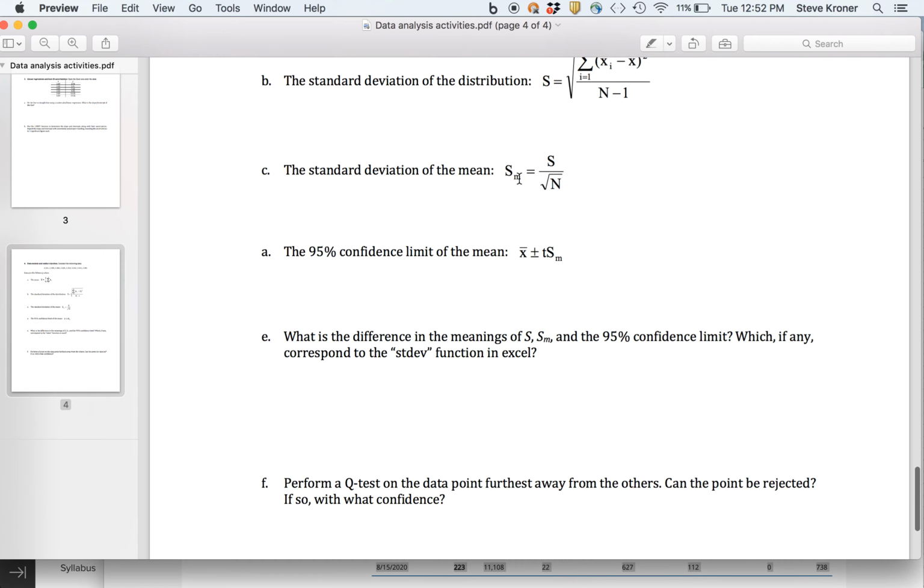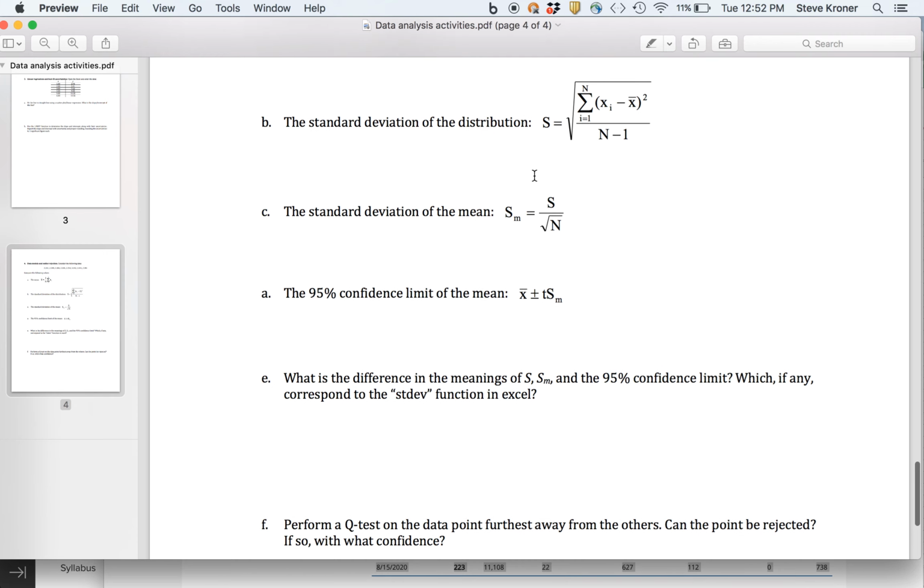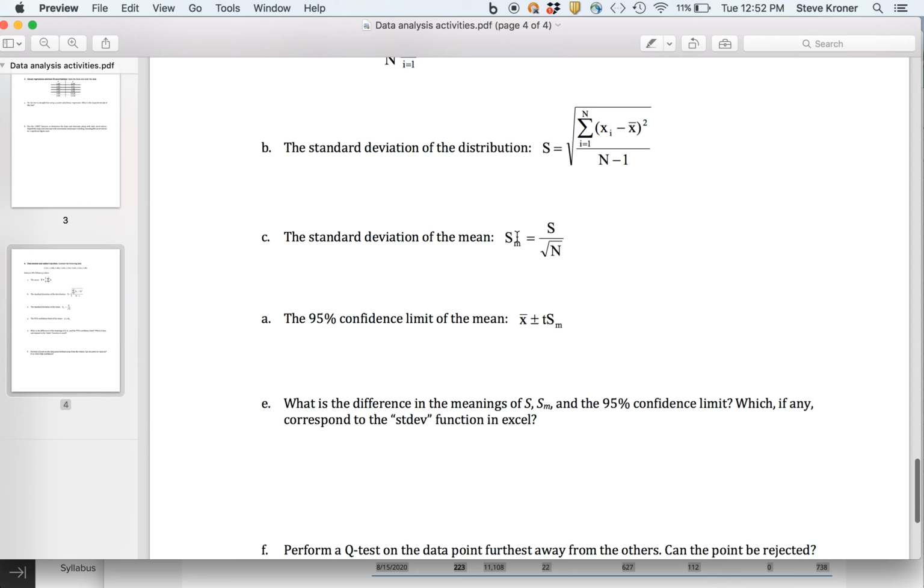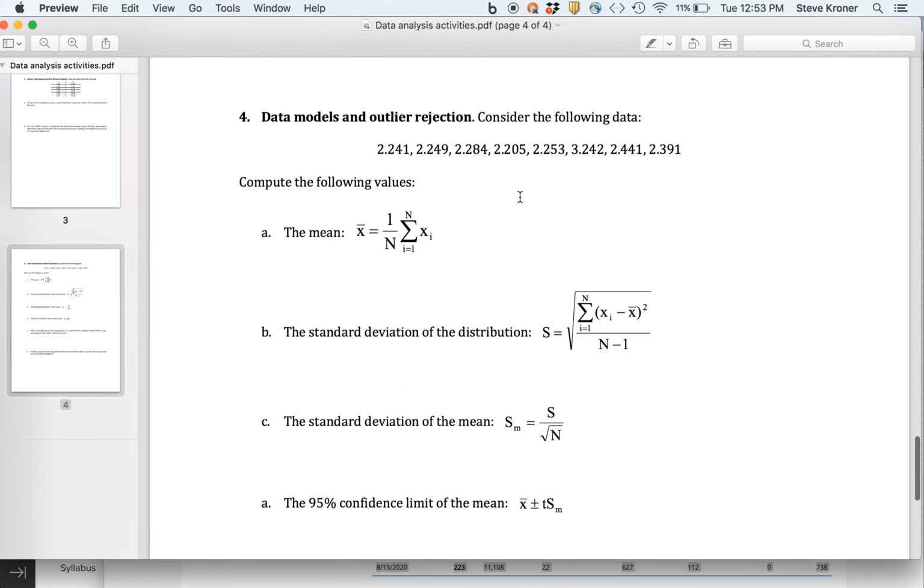So what this is doing, the standard deviation of the mean would be the 68% confidence limit of where the mean value lies in the distribution. If you collected all these data points, the standard deviation of the distribution tells you 68% of the measurements fell within plus or minus s. The standard deviation of the mean tells you how confident you are of where the mean value lies.